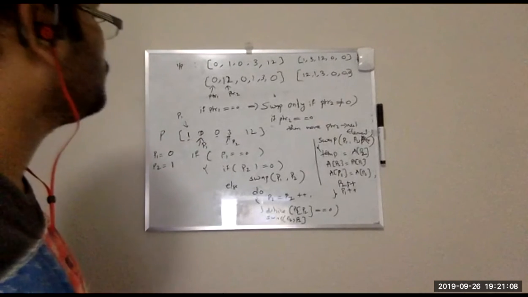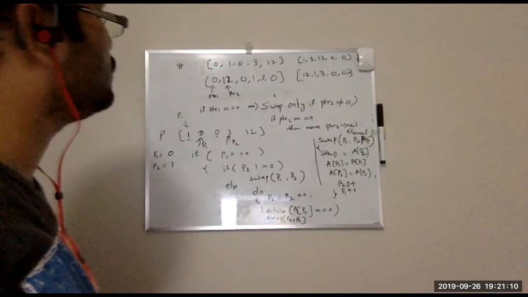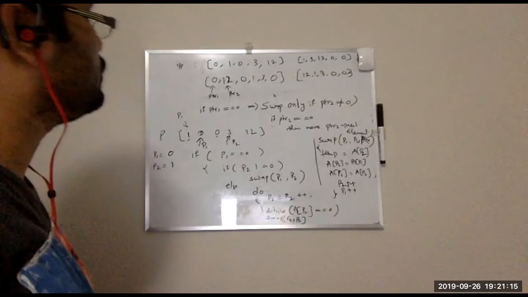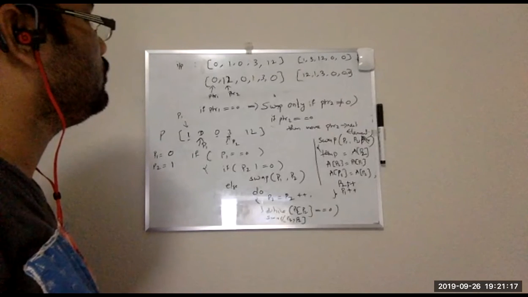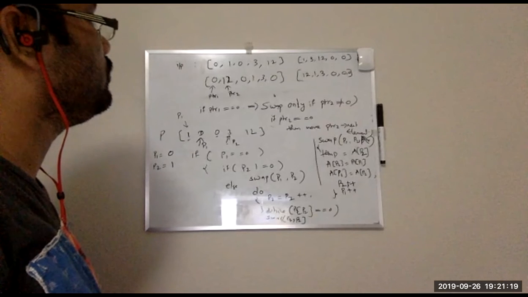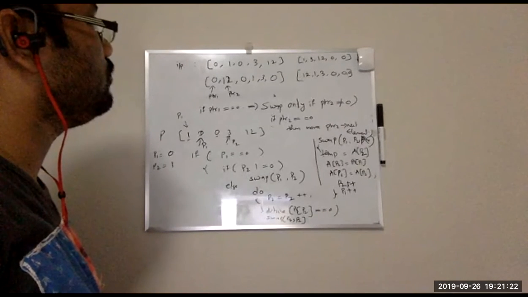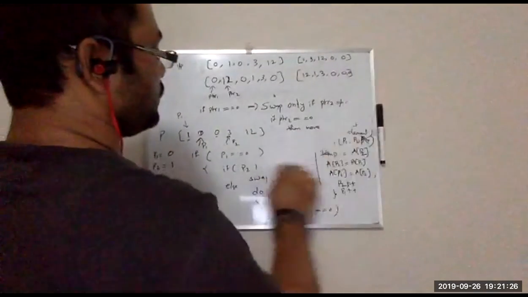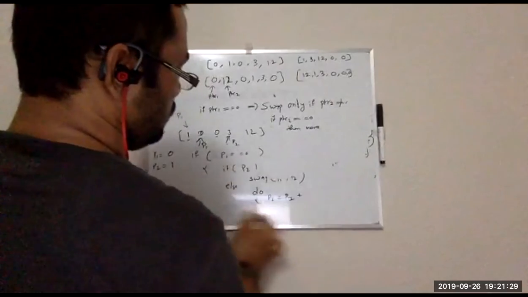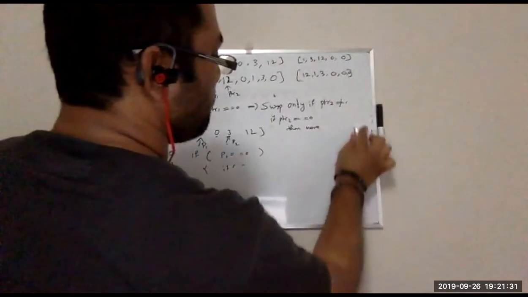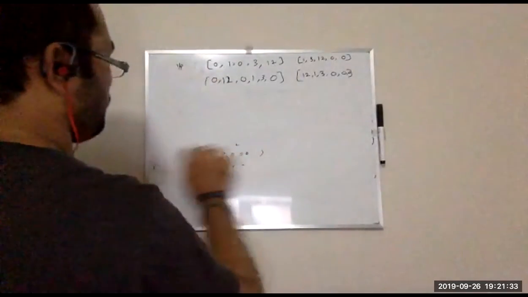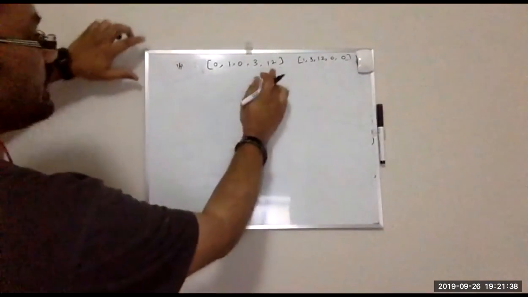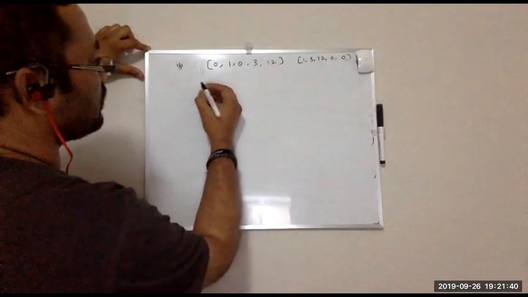Okay, let me think. Okay, let me try it this way. So we'll just take this example 0, 1, 3.